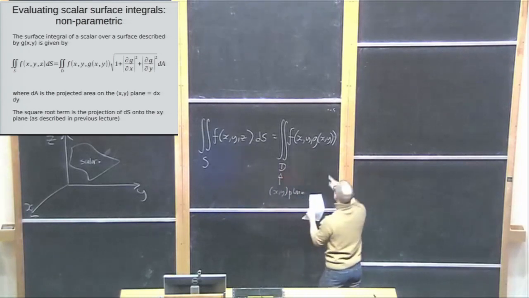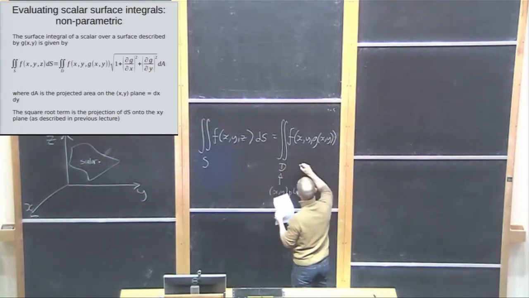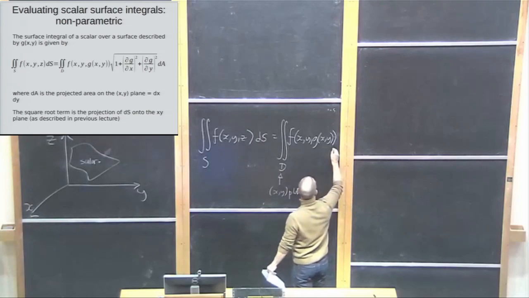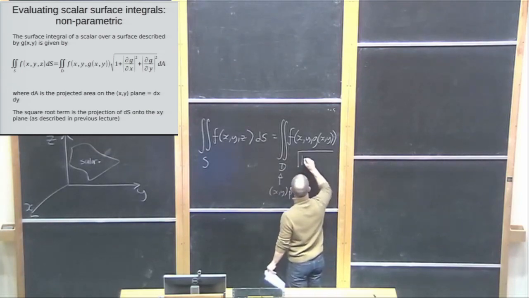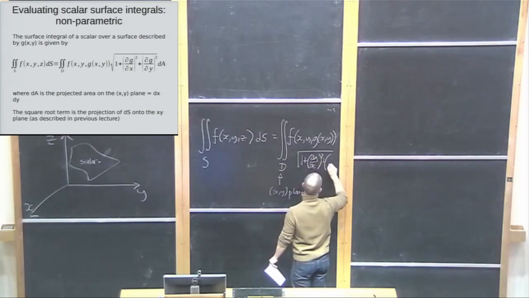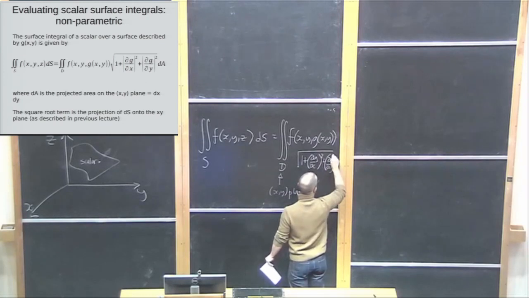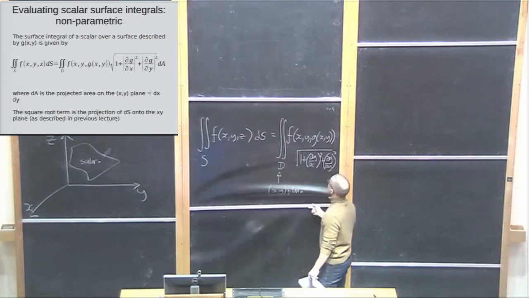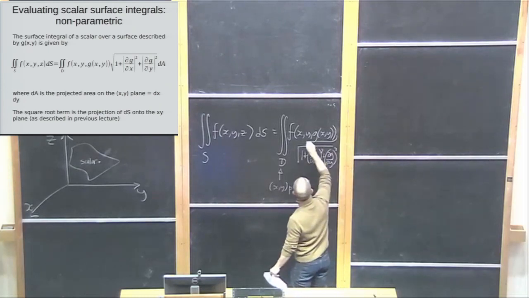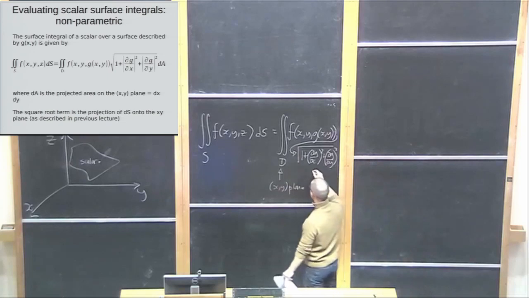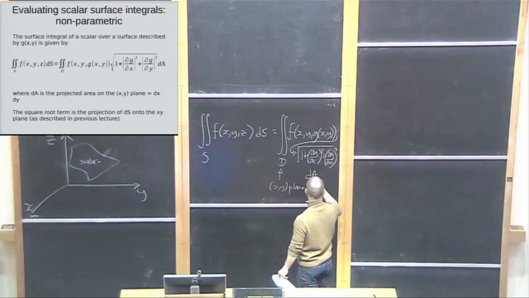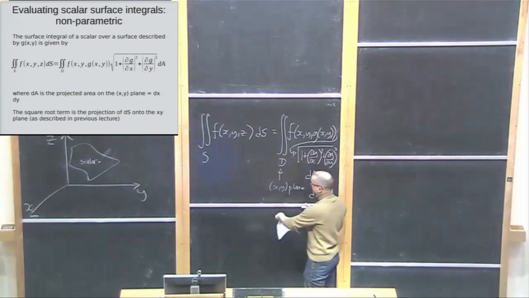So z is just some function of x and y. Times the projection factor, which we discussed yesterday, which was the square root of 1 plus dg/dx squared plus dg/dy squared. This is not very well presented: it's in series, it's not being divided by it. And then times our dA, and our dA is usually, if I'm projecting down onto the x and y plane, dx dy.